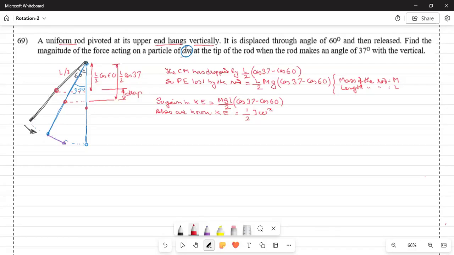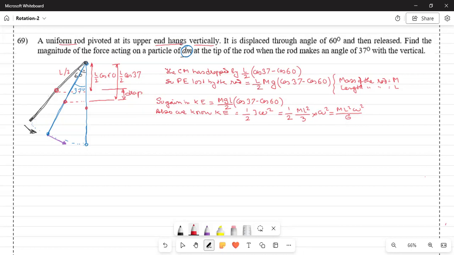Now, what is the moment of inertia of this rod, which is rotating about one of its ends? From the standard formula, it is ML square by 3. So half into ML square by 3 into omega square equals ML square omega square by 6.